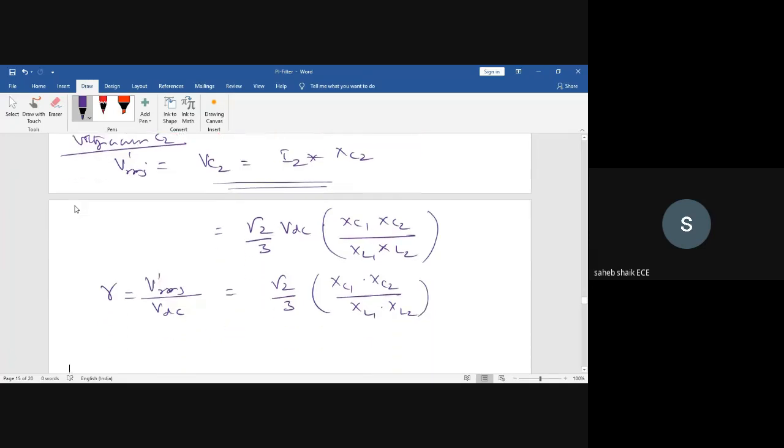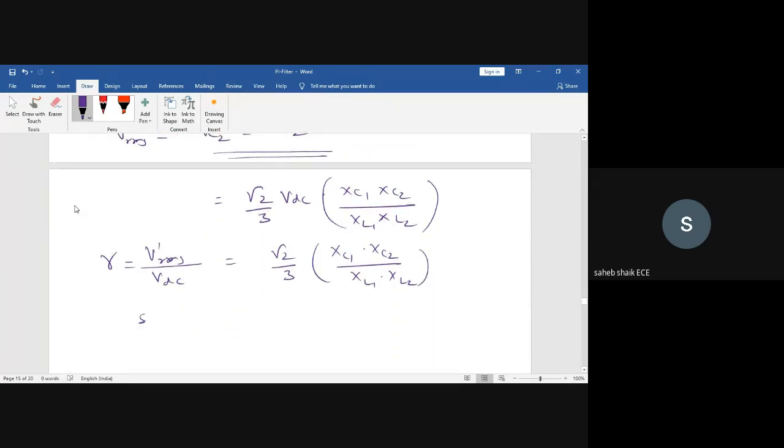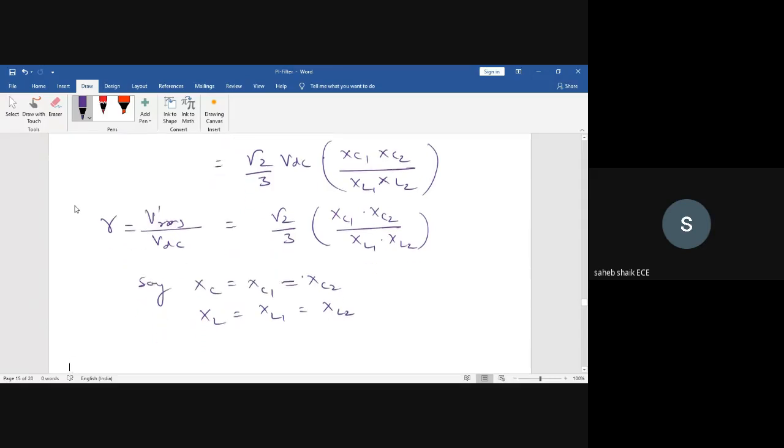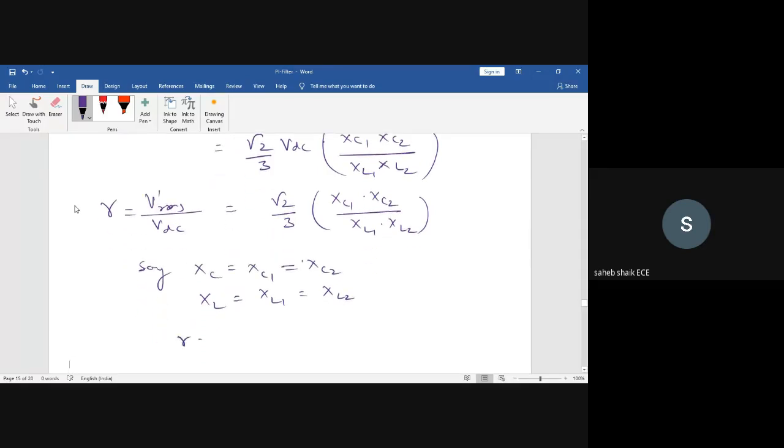Now say XC1 is equal to XC2, which is XC, and similarly XL1 is equal to XL2, which is XL. So what does the expression become? The ripple becomes root 2 by 3 into XC by XL whole square.